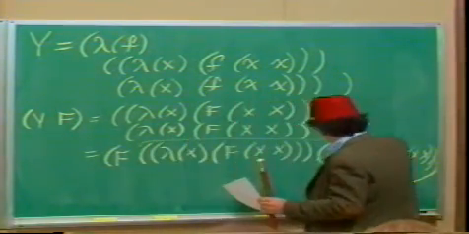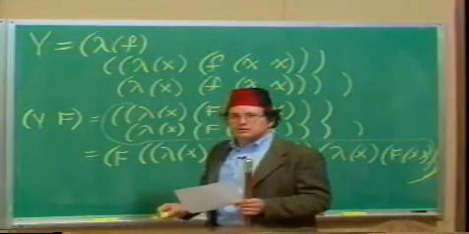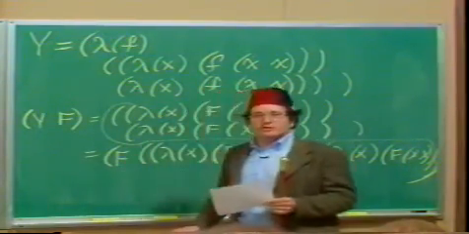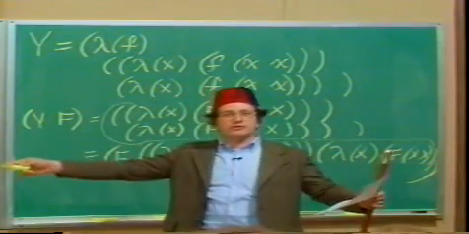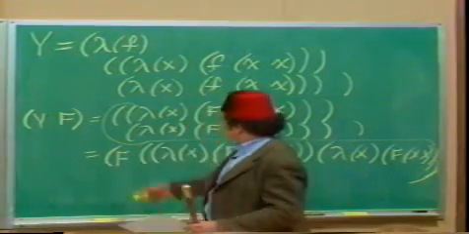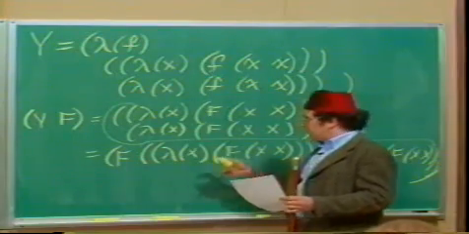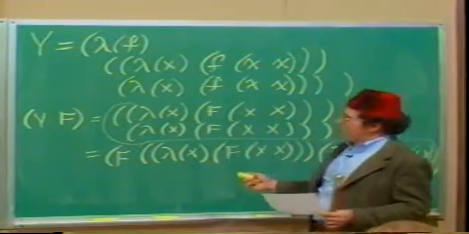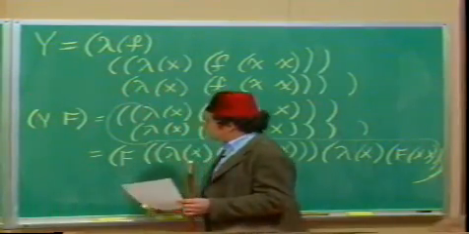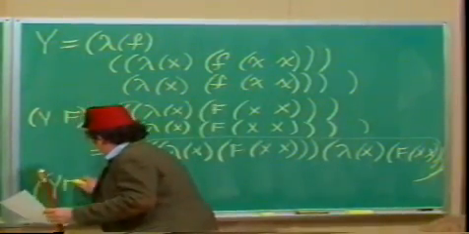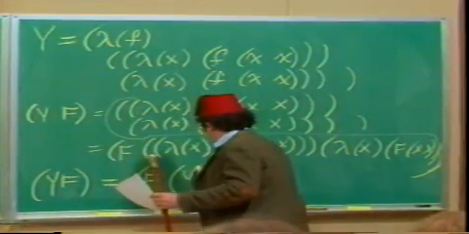This thing over here that I just computed is this thing over here. But I just wrapped another f around it. So by applying Y to f, I make an infinite series of f's. If I just let this run forever, I'll just keep making more and more f's around an infinite loop, which is useless. But it doesn't matter that the inside is useless. So Y of f is f applied to Y of f.